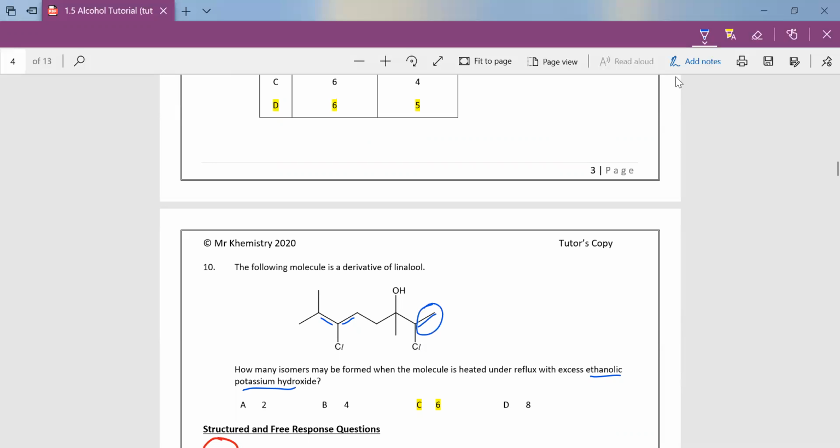This one has no cis-trans. This one has cis-trans. This one has no cis-trans. So cis and trans gives 2 to the power of 1, plus the chiral carbon here, 2 to the power of 2.